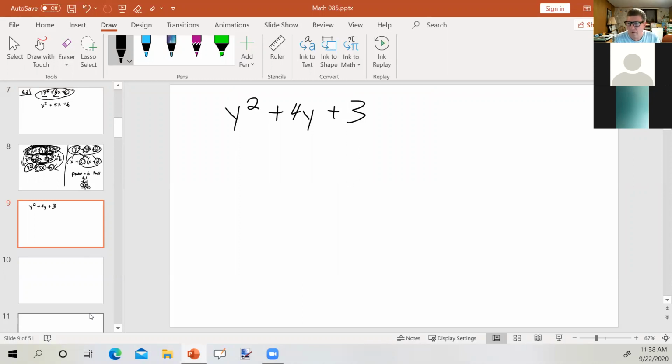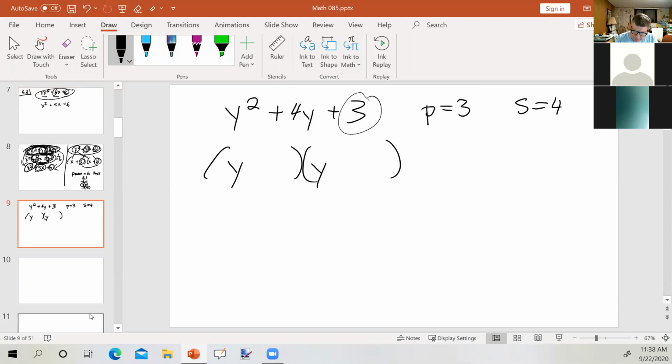Y squared followed by y followed by no y at all. So splitting it up, the y's are going to go in the front. I'm looking for two numbers whose product is 3 and whose sum is 4. Product, sum. Any questions yet?